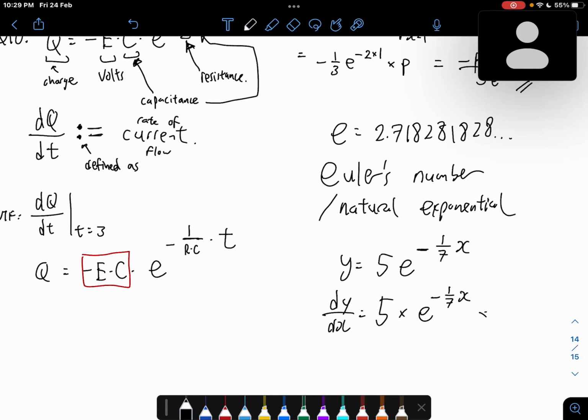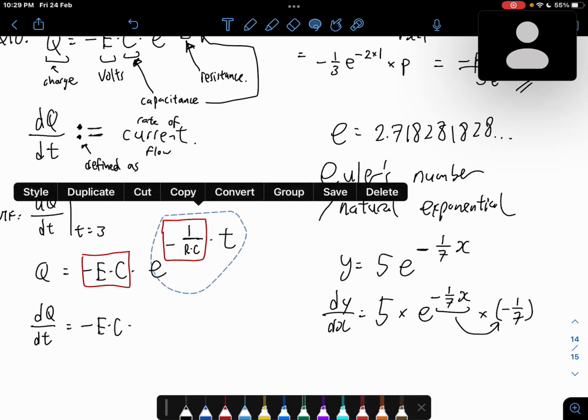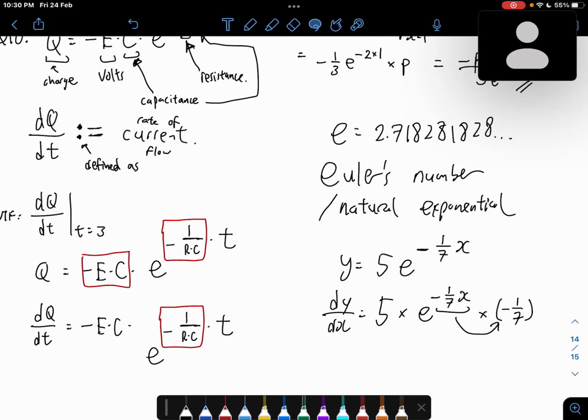Can you see now? Good. If you know how to do this, you also know how to do that other question, because all you need to do is treat the -e times c as 5, treat the -1 over r times c as -1 over 7, and proceed to differentiate. So let me just demonstrate. dq by dt: leave the constant -e times c alone, multiplied by e power anything, very easy. Copy and paste. Let me shift things a bit so I have more space. Copy and paste.